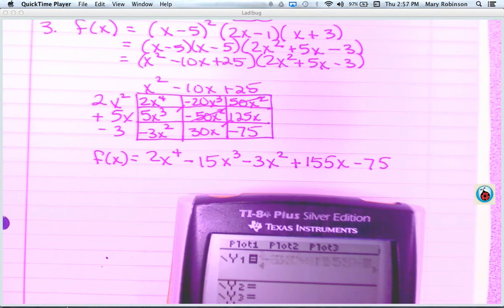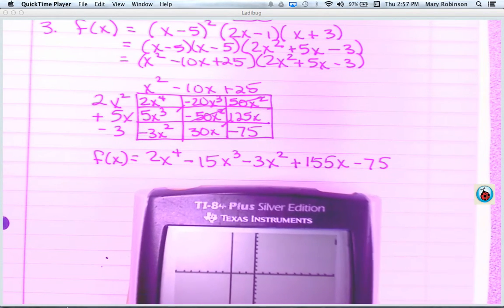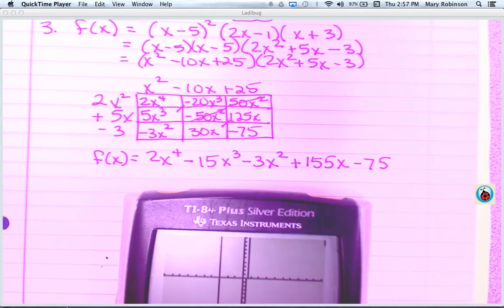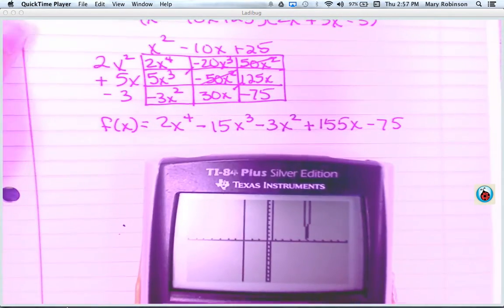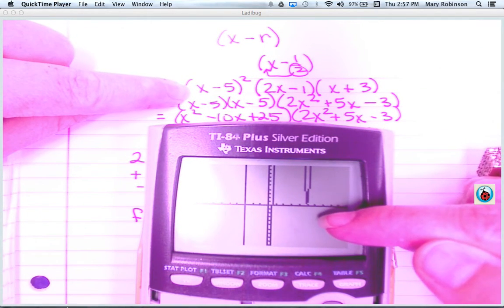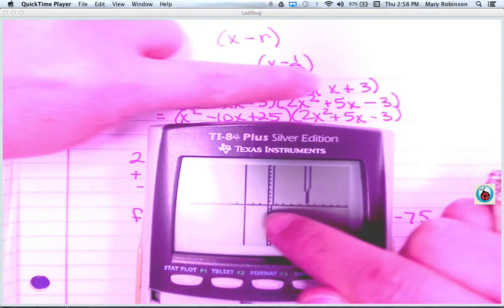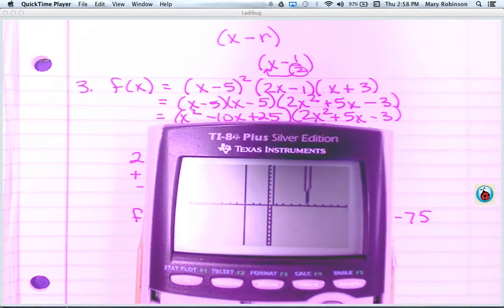And I should see the behavior on the x-axis mimic what I know about the zeros. So we can see it bounces off at 5, and then it crosses at a half, and then at -3, so it looks good.